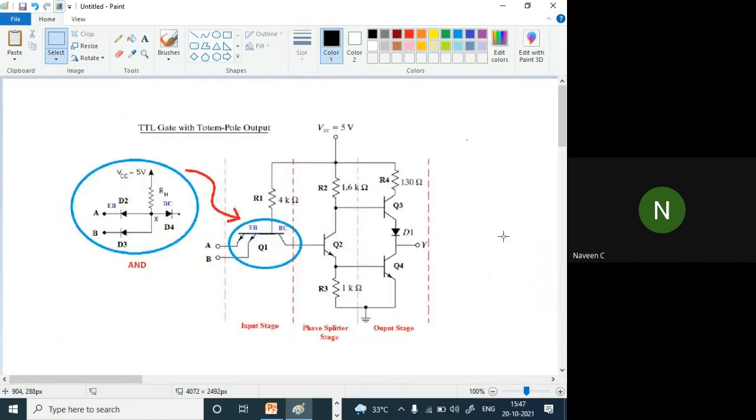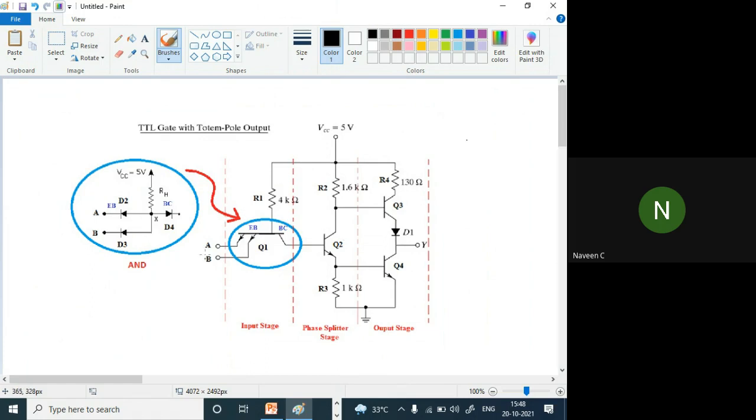See here, we are replacing our previous diode configuration with a transistor. You can see we have a multiple emitter here, not a single emitter.